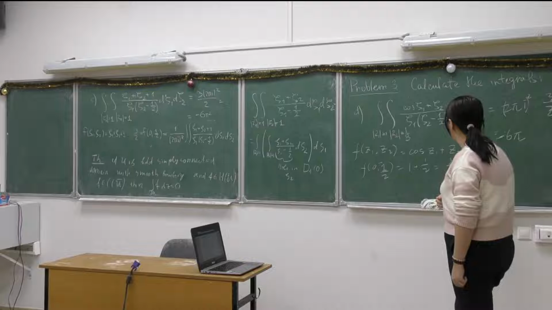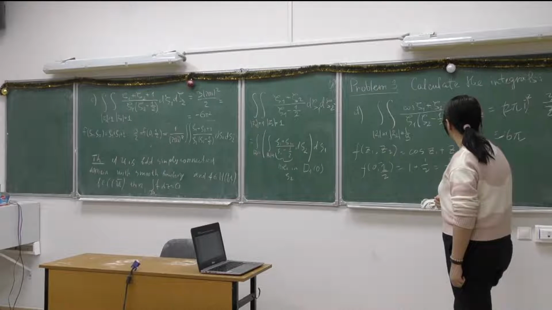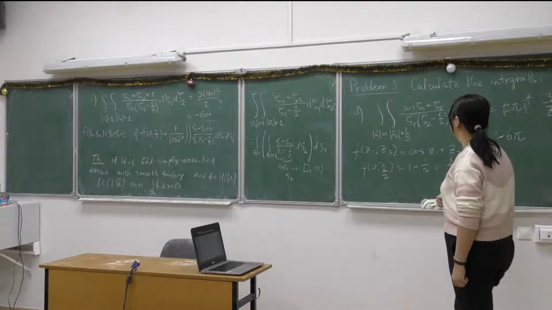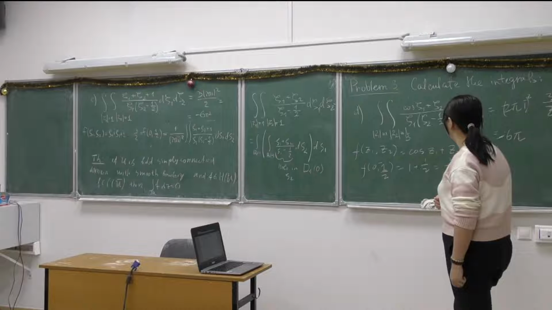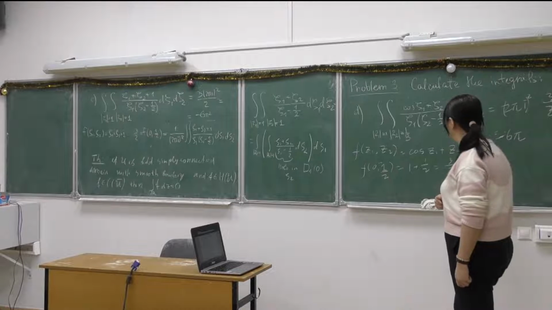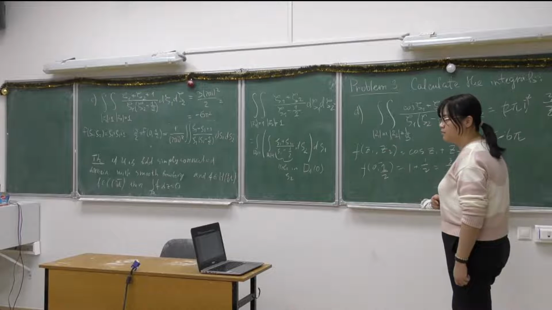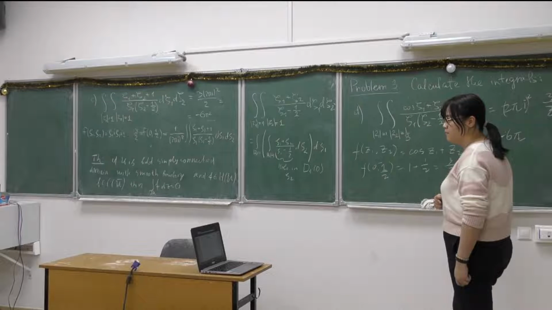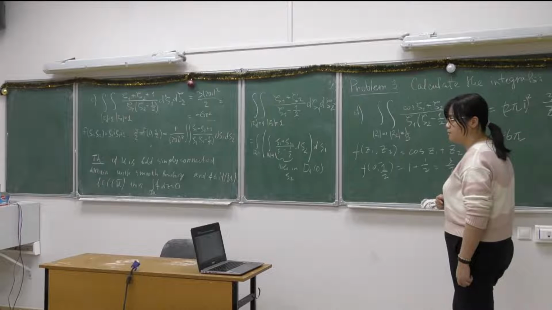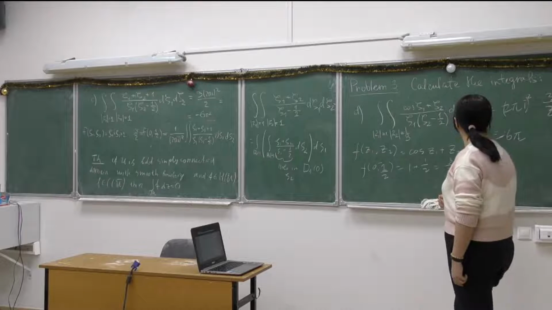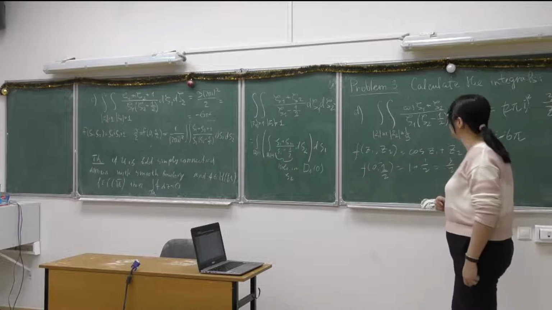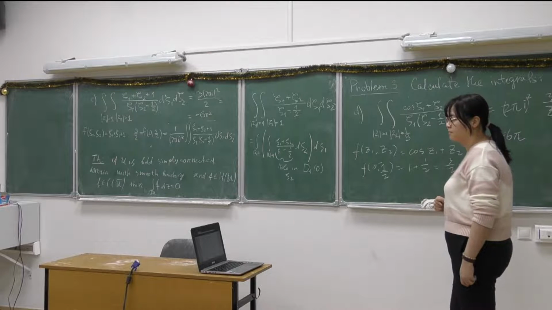Does this point lie in our polydisk? Part of z2 is not inside it. z2 is not inside the disk of radius 1/3, and therefore we cannot apply the Cauchy formula as it is for this polydisk.